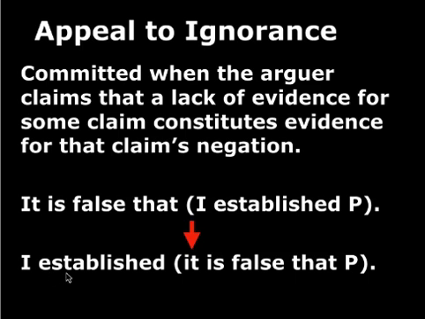That doesn't mean that I have established that it's false that it's heads. That's not the same thing as establishing that it's tails. So you can certainly see how in some cases it's very clear that this is a bad move. Just not looking to see if it's heads doesn't mean that you've shown that it's tails.